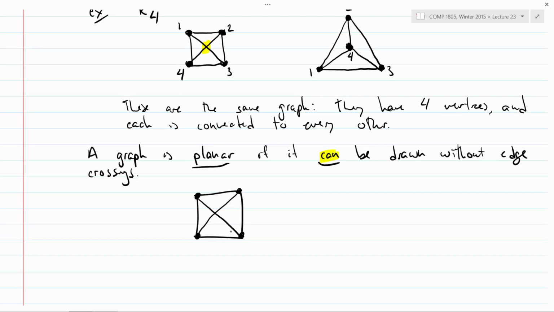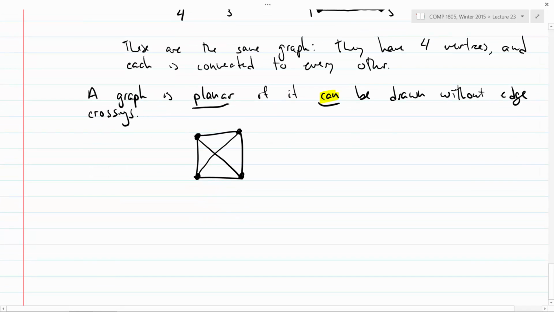Okay, so it does make sense to talk about the drawing itself. If you draw it without any edge crossings, we say that drawing is a planar representation of the graph. So this is planar. And this thing here is the planar representation.